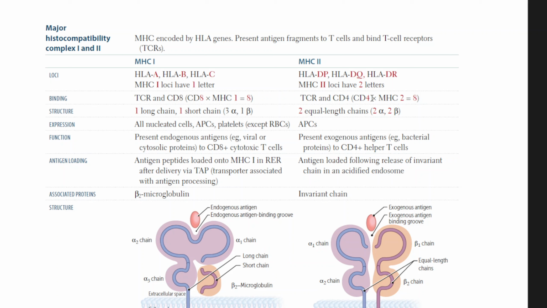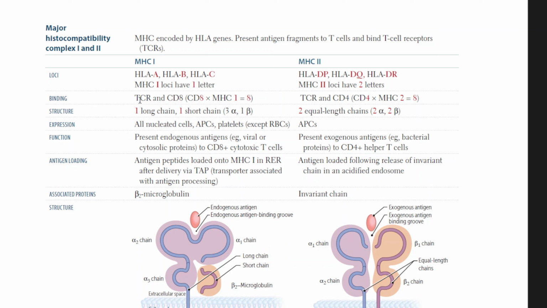The same thing here, the equation, because this one is united to CD4. So CD4 plus MHC2, 2 times 4 is 8. So this is some kind of mnemonic, so you can remember.